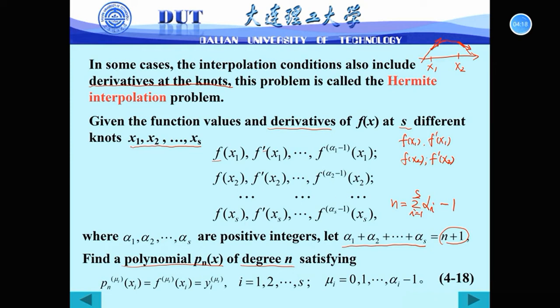For example, we are given the function value and the first order derivative at x1 and x2. Of course, this is a more complicated case, right? So here, I just introduce you to a simple case, not so complicated.